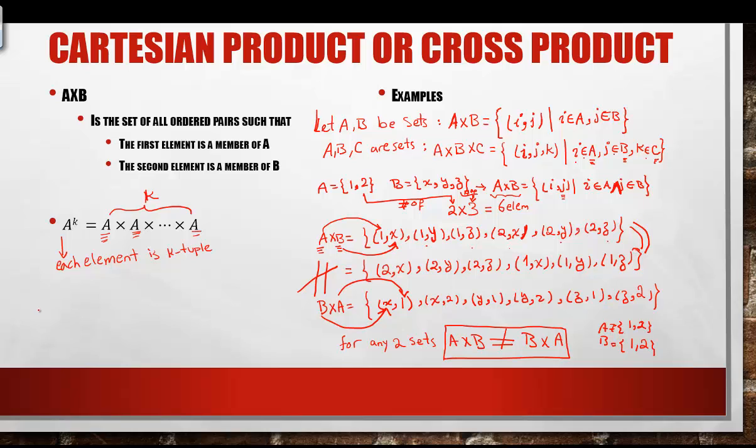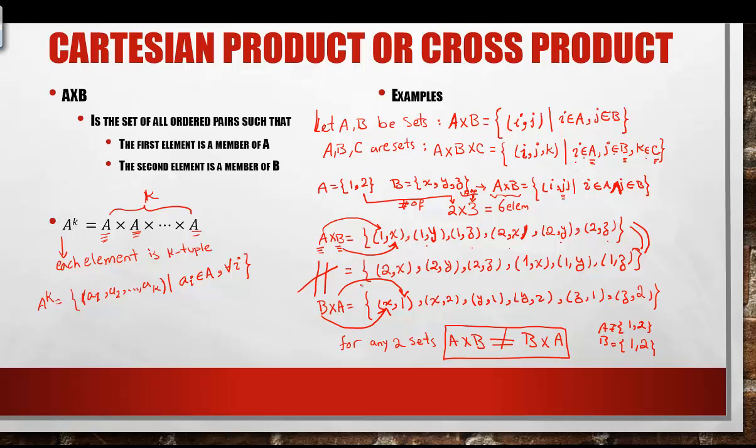So A to the k is equal to the set of k-tuples (a1, a2, ..., ak) such that a sub i belongs to A for every i. So for all i, a sub i belongs to A, and you have got a k-tuple in this case, as you see.